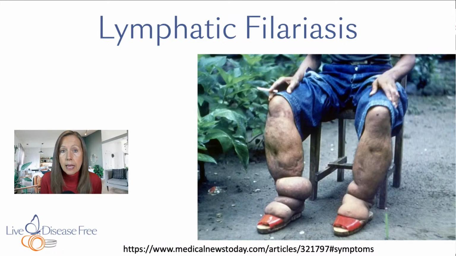And the immature forms live there, they grow, they eat the nutrients that our body provides, and then they produce the immature forms, the microfilariae again, and they move out into the blood. And that's a very similar life cycle. They find the tissue that they like, they grow up, they reproduce, and then they send off their babies. The babies go off into the bloodstream, and then they're picked up by mosquitoes and transmitted to another.